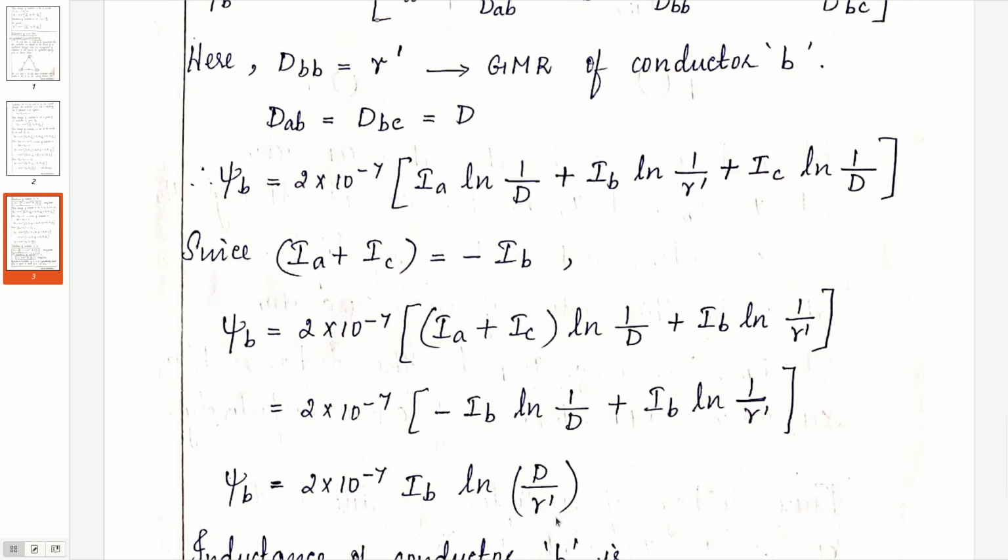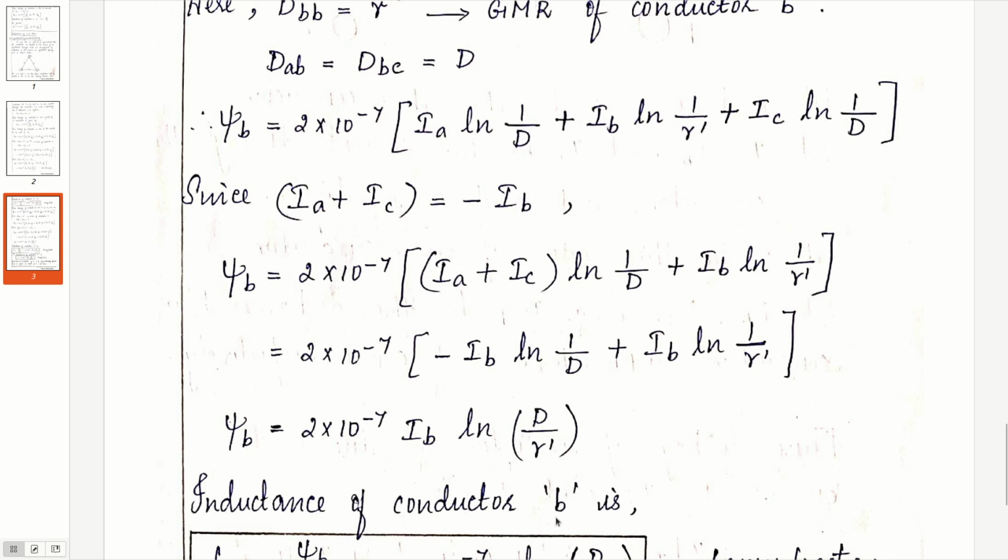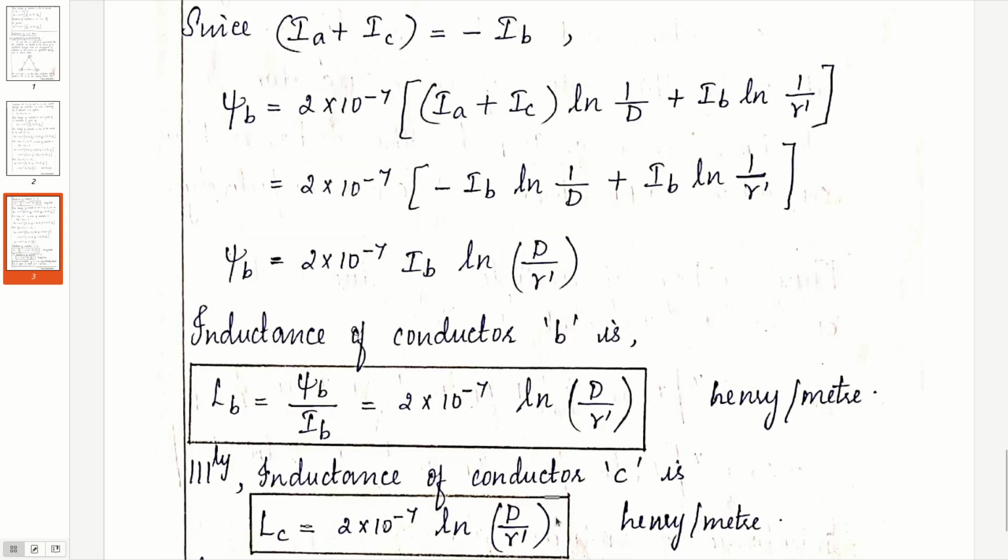So after calculating the flux linkage of conductor B, the inductance of conductor B, LB, is equal to psi B by IB, which is 2 into 10 to the power minus 7 ln D by R dash. So we have seen LA is also 2 into 10 to the power minus 7 ln D by R dash. LB is also 2 into 10 to the power minus 7 ln D by R dash.